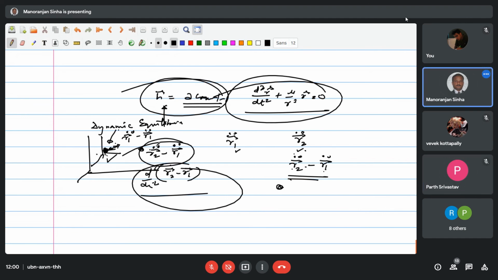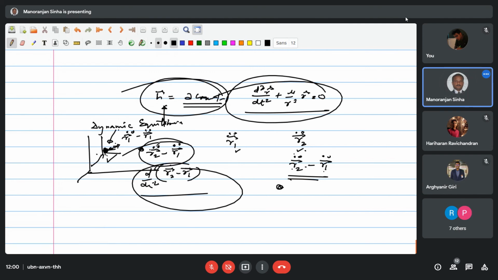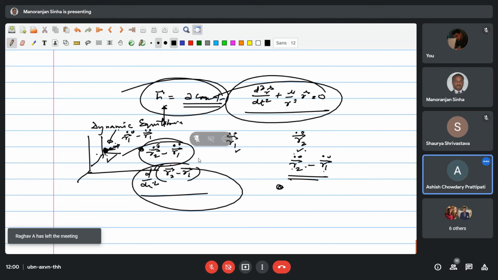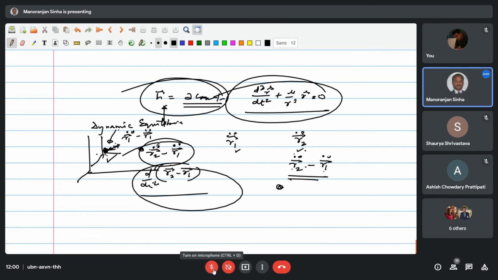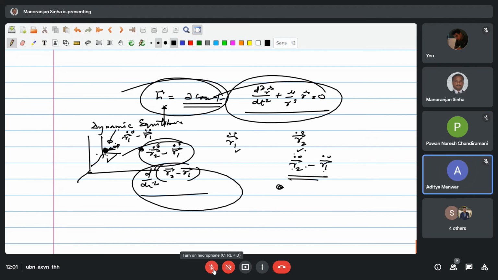Hariharan, Present, sir. Giri, Present, sir. Saurya Srivastava, Present, sir. Ashish, Present, sir. Nishchay, Present, sir. Asutosh, Pawan, Present, sir. Aditya, Present, sir. Ankit.